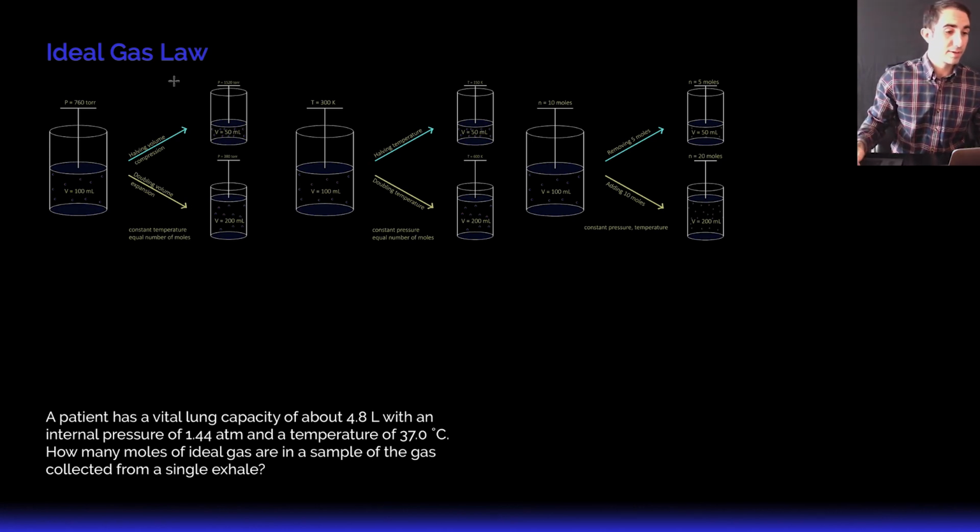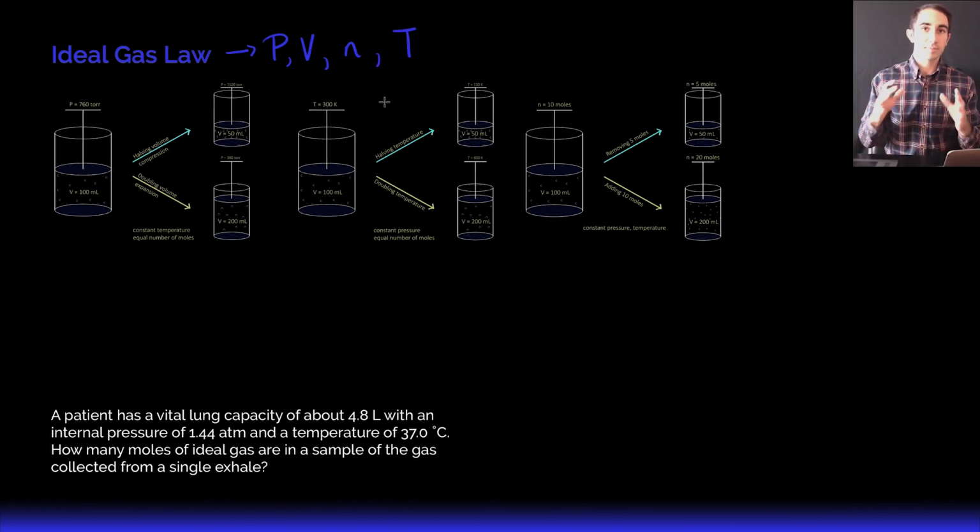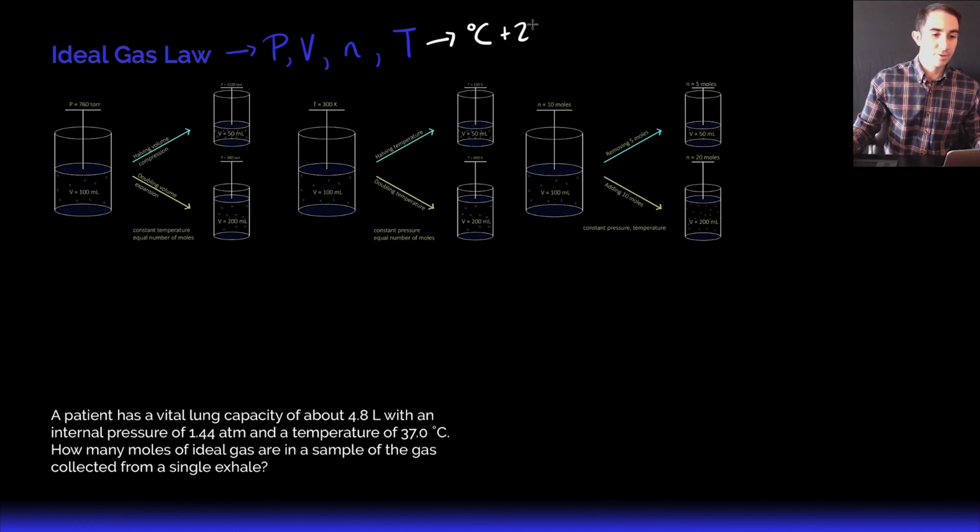And mostly what we're looking at with these equations are going to be pressure, P, volume, V, number of moles, N, and temperature, T. Now, I'm just going to get ahead of something really quick and let you know that whenever we're measuring temperature with ideal gas law equations, we need to make sure that we do our calculations in absolute temperature, which means we take that degrees Celsius and then we add 273.15, and that's going to get us our value in Kelvin, which is our absolute temperature.